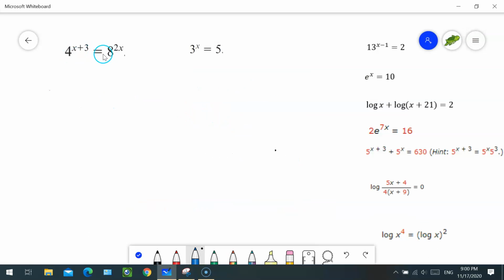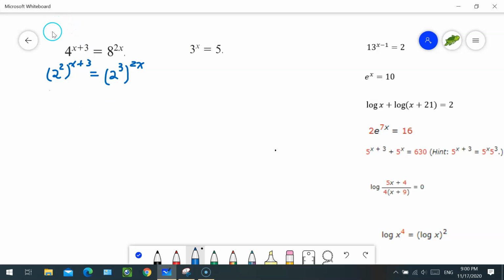Both of the base numbers can be rewritten as 2 to the power of something. So I'm going to rewrite the 4 as 2 power 2, and there's x plus 3 on the top. On the right hand side, I can rewrite the 8 as 2 to the power 3, and there's 2 power 2x on the outside.